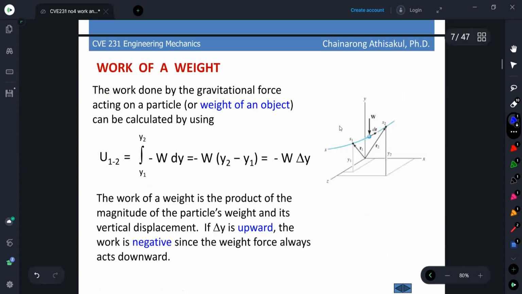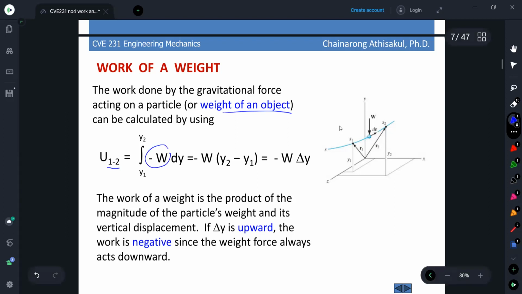Let's take a look at a particular case, the work of a weight. The work done by the gravitational force acting on a particle, or the weight of an object, can be calculated using this term.